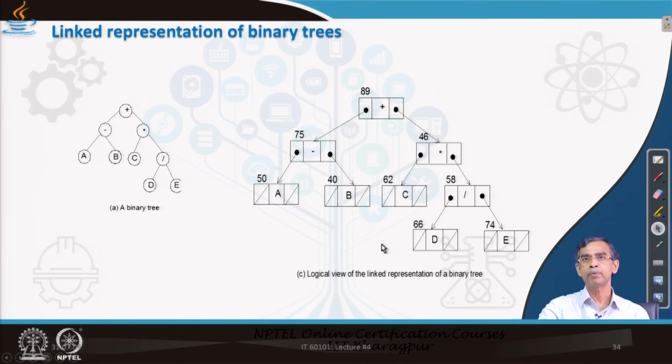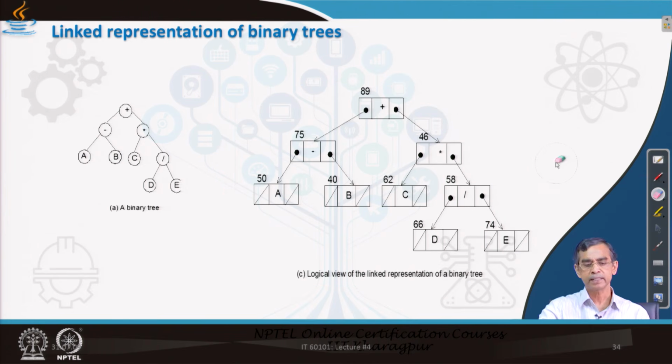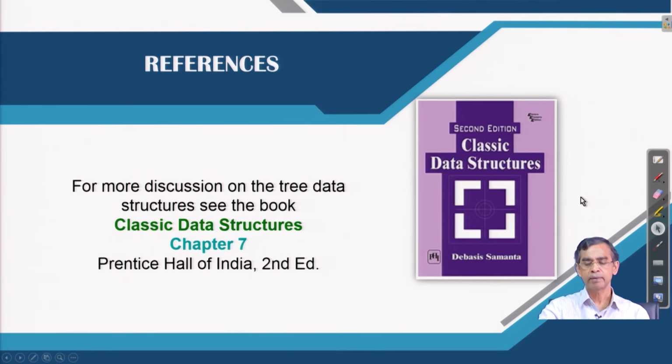This is another example of linked representation, and how it actually takes place in memory. This is the logical view of a binary tree when it is stored, and the physical view is what we showed in the previous slide. So this is the binary tree representation using linked form, and we have also discussed the array.